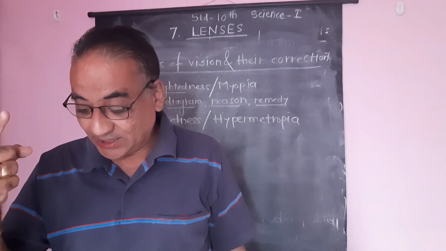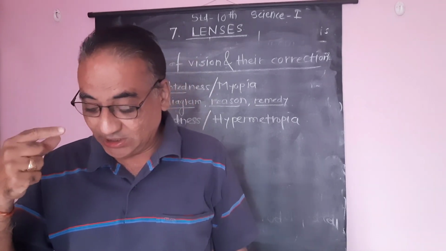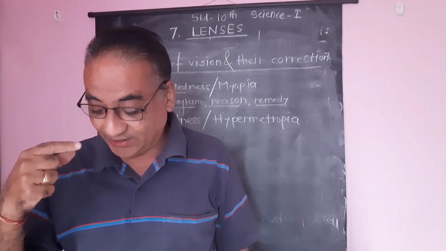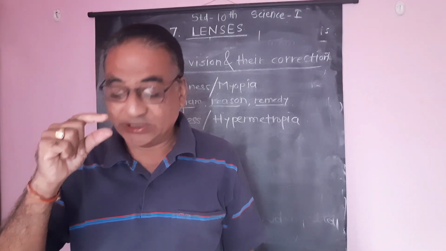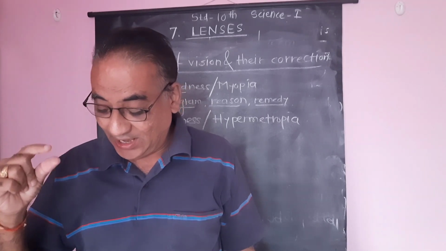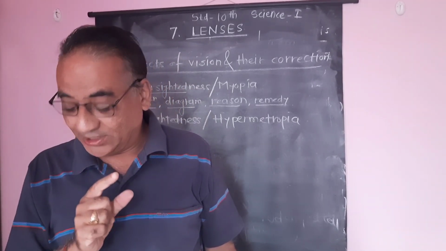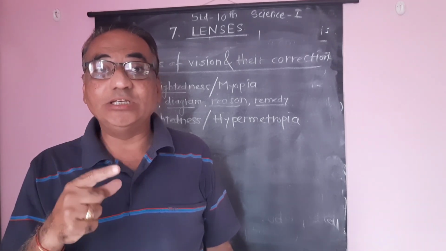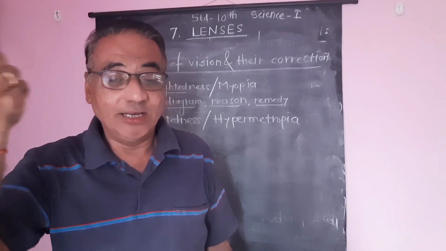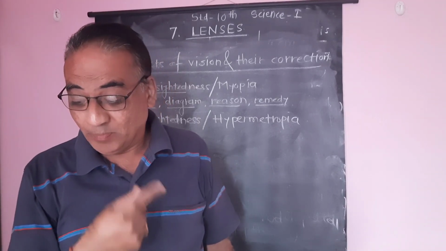In case of nearsightedness the eyeball elongates, but in case of farsightedness the eyeball gets flattened, so that the distance between the retina and the lens decreases. And then the image is formed behind the retina, not in front of the retina as in myopia.